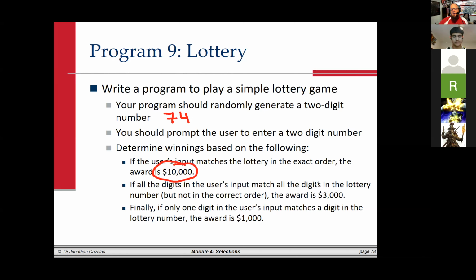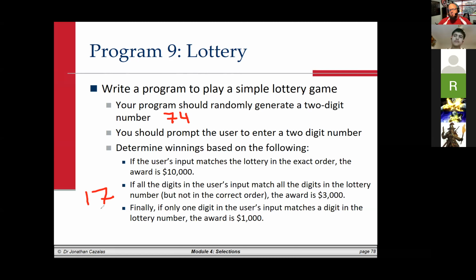If they enter the number 47, that is not the correct number, but both of the digits actually match. Does that make sense? Both of the digits match. So therefore, they will win $3,000 because it's not the correct number, but it's in reverse order. And then finally, what if the user entered 17?